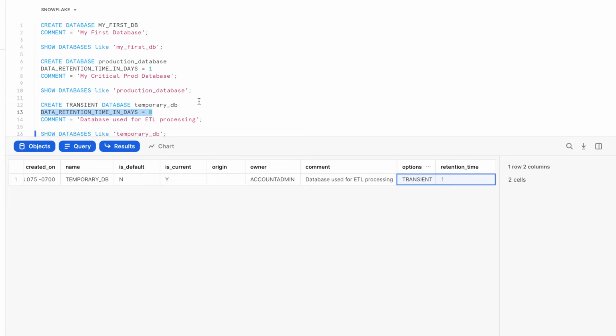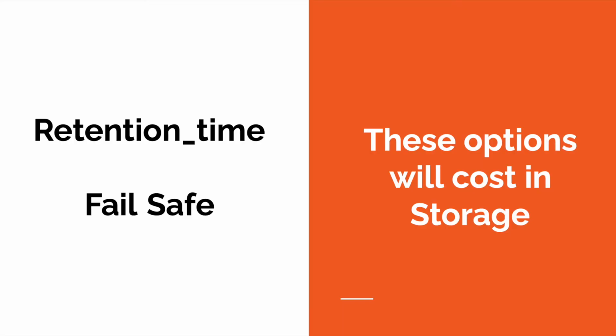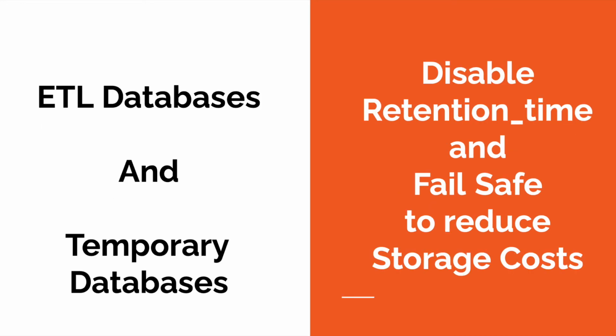The database by default will also have fail-safe enabled automatically. Both of these options, the retention time and fail-safe for a database, will cost you in storage, and in certain cases you might want to reduce those storage costs.